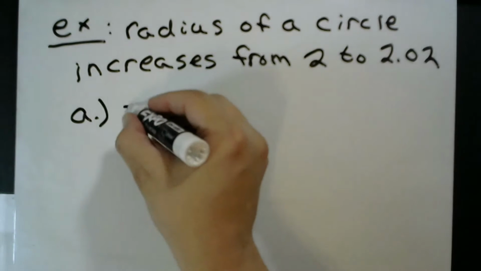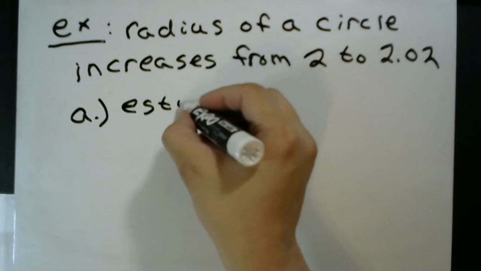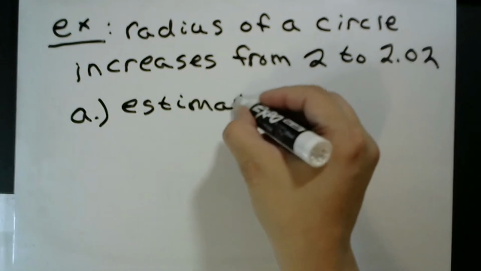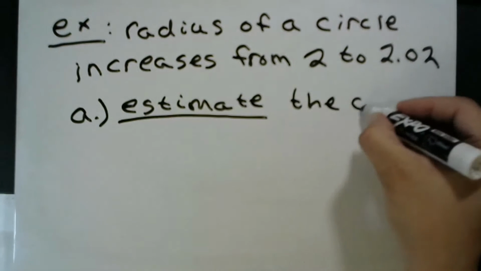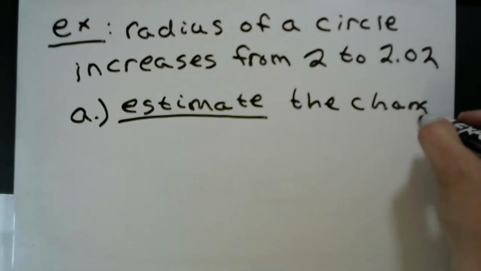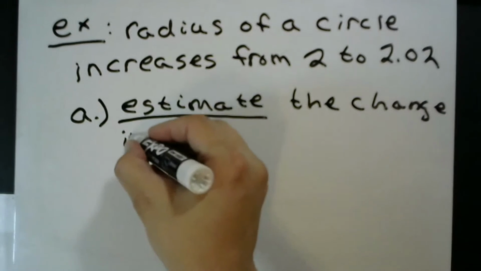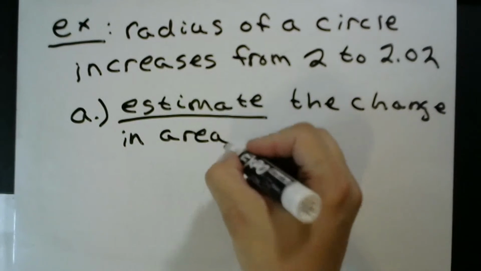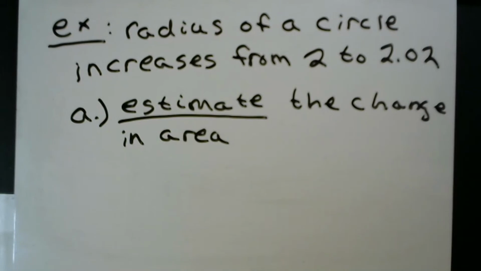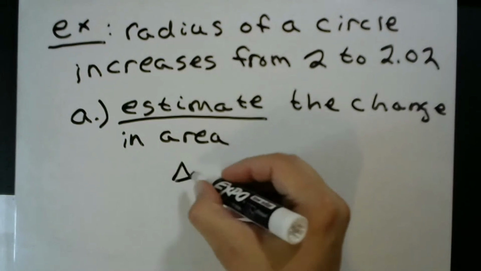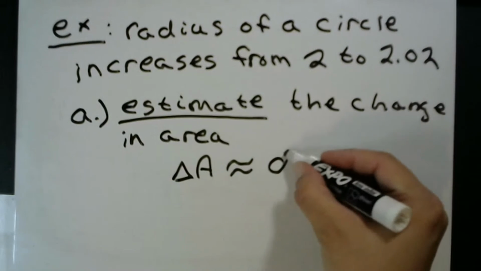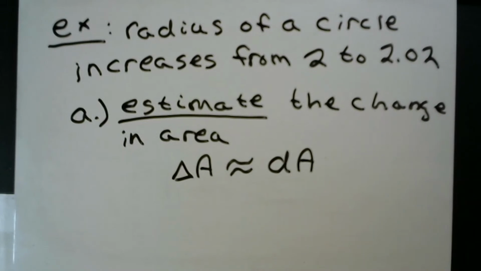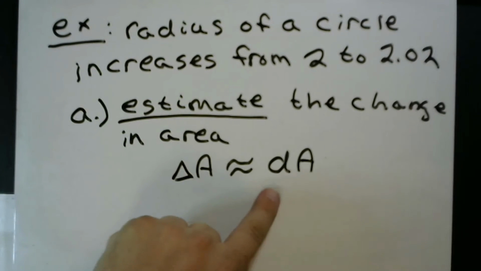We're going to estimate the change in area. So that means this change in area, we're going to look at it as delta A approximately dA. So we're going to need dA.